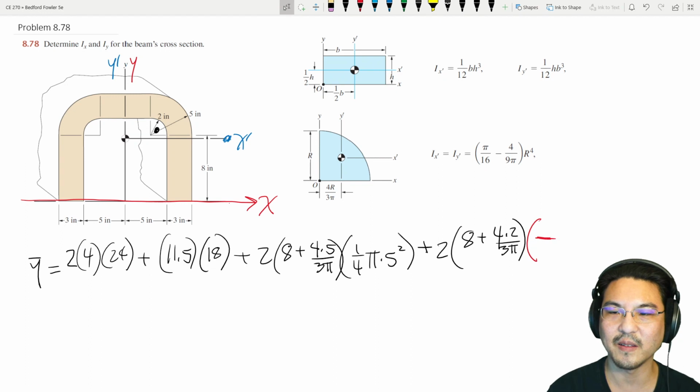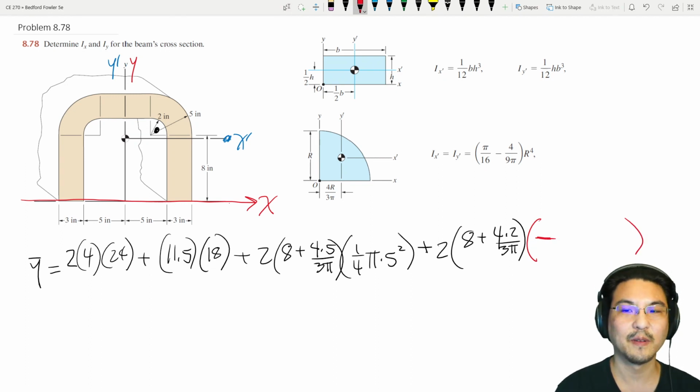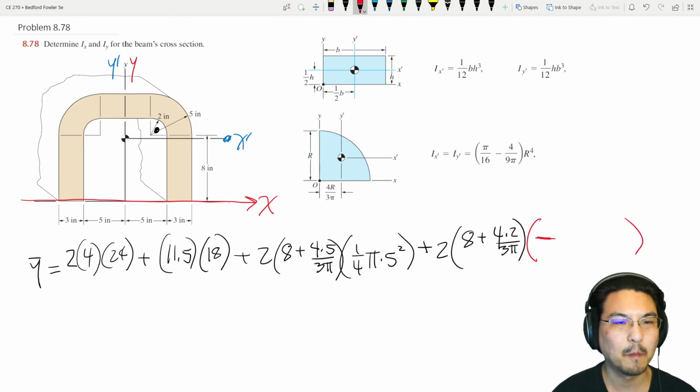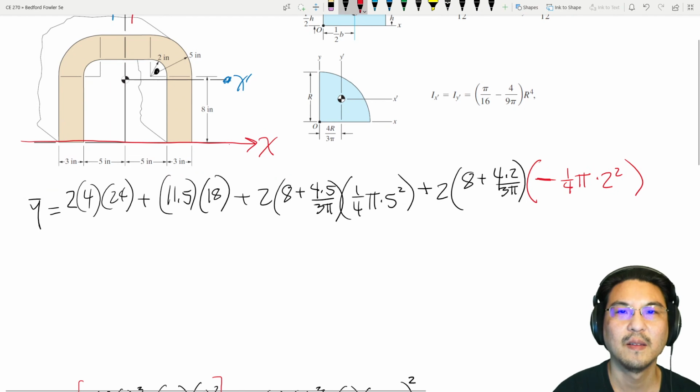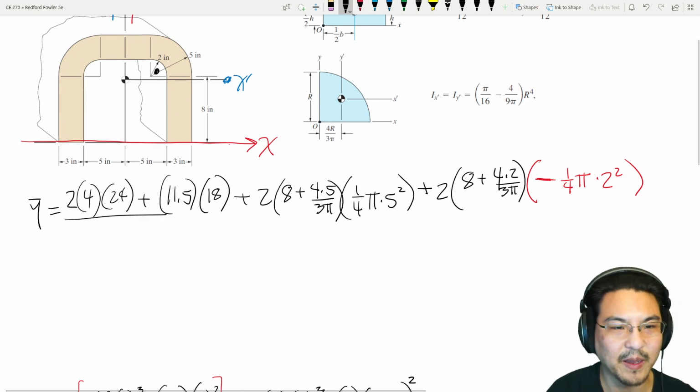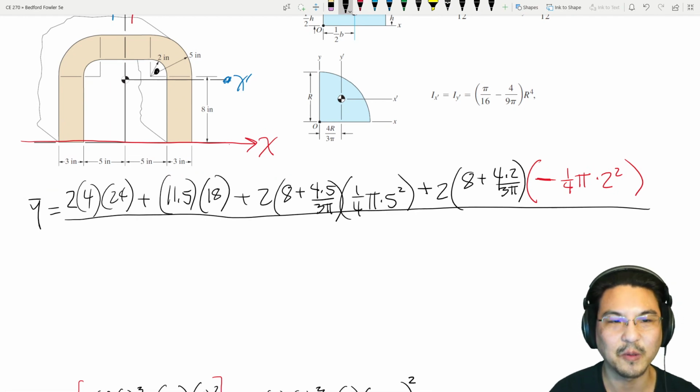So this area is what's negative. So that is 1/4 of a circle, pi r squared.